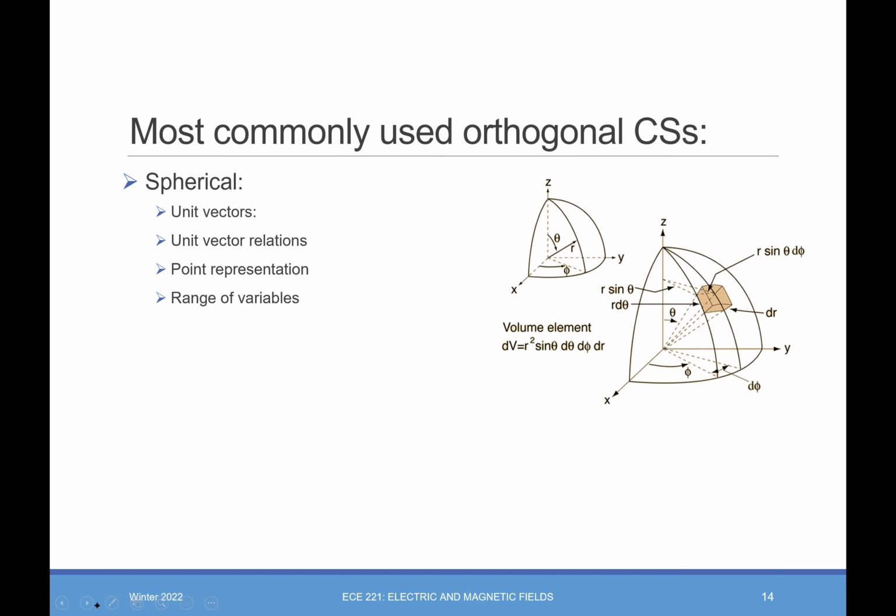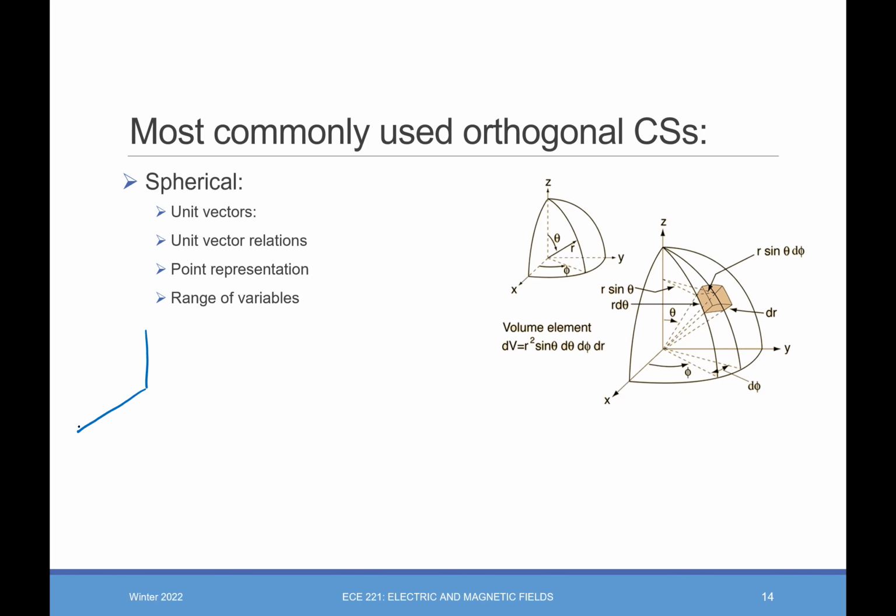Okay, so in a spherical coordinate system, as I mentioned, we have to define 3 variables and 3 unit vectors.